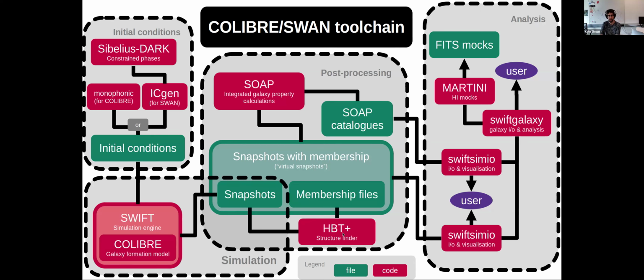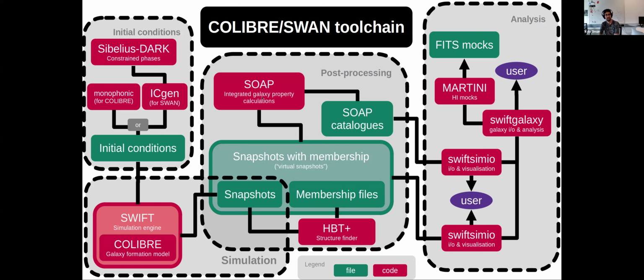The structure finder will group those particles into things that we would call galaxies. And that spits out membership files, which basically say this group of particles corresponds to a galaxy, this other group to another group. And that gets bundled up into a set of virtual files with symbolic links between these two things.